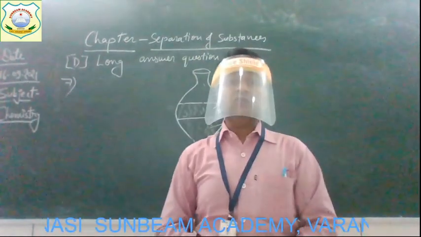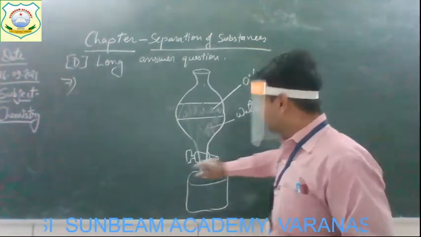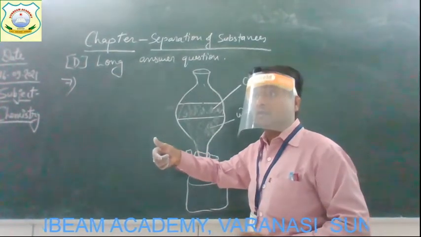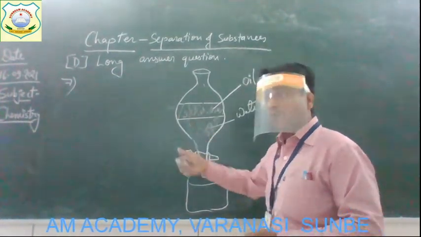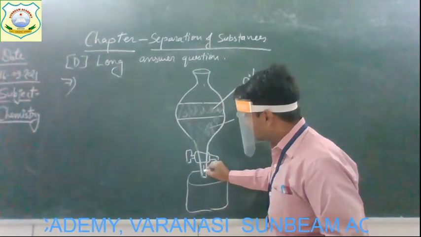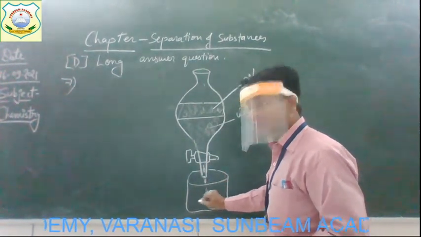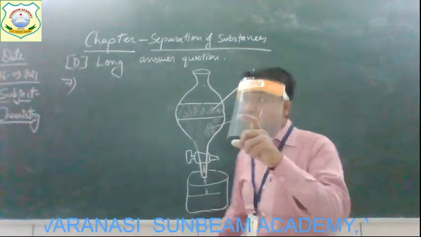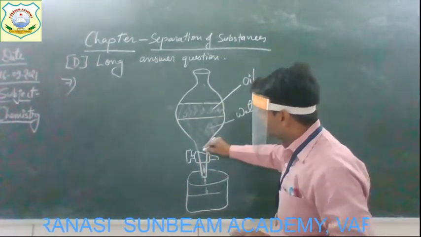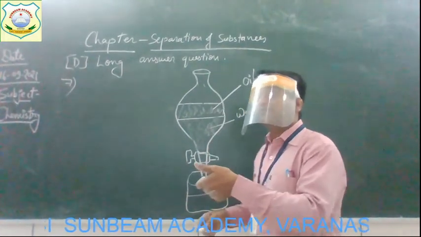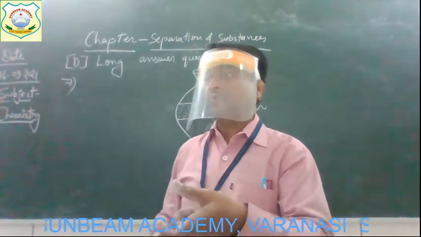After that, slowly turn your stopper and make it on. When you turn your stopper, the water present below will start coming out and get collected in the beaker. You must watch very carefully as air will come here. What do you have to do? Close the stopper.